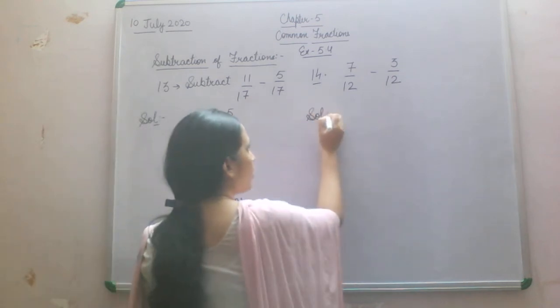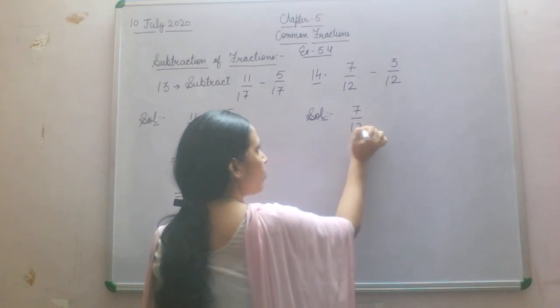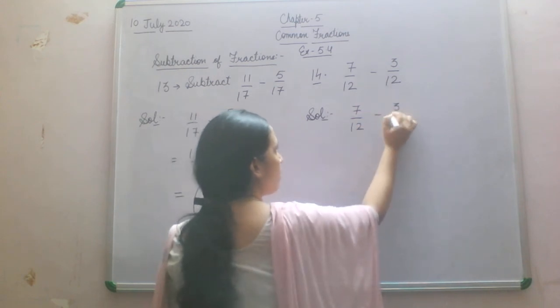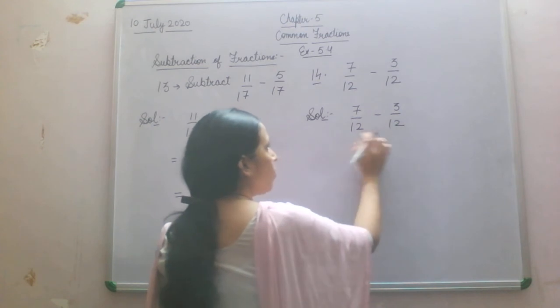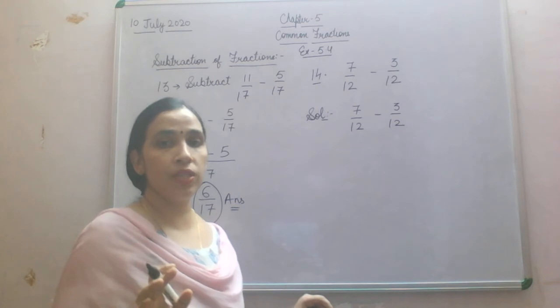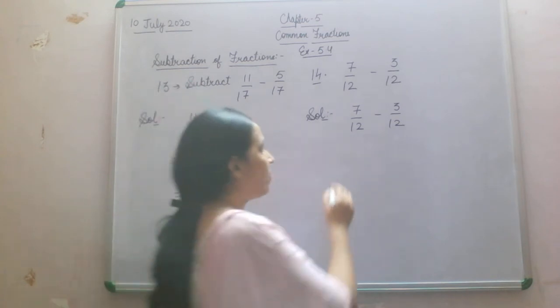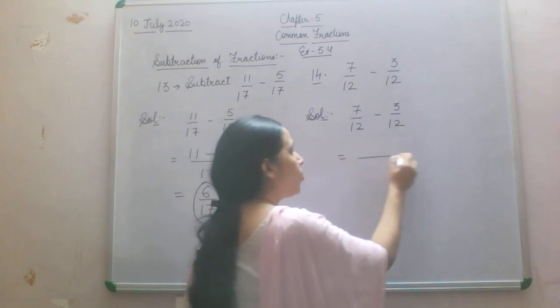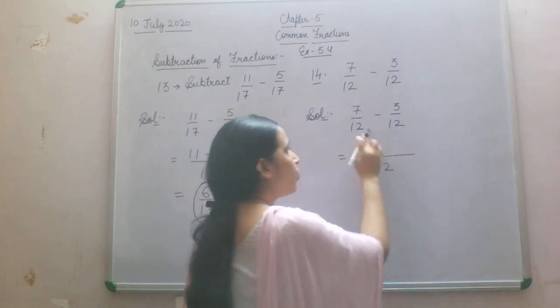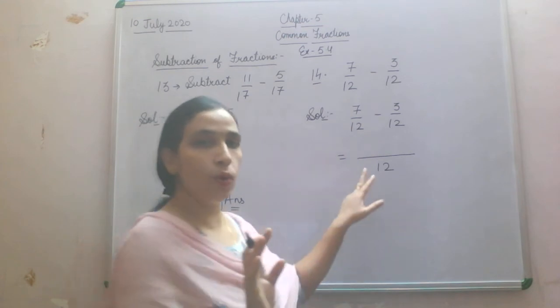This question will be given to you: 7 by 12 minus 3 by 12. Now both these fractions are examples of which fraction? Yes, correct, like fractions. So we will write the denominator only once, because both the denominators are the same. So we will write 12 only once.